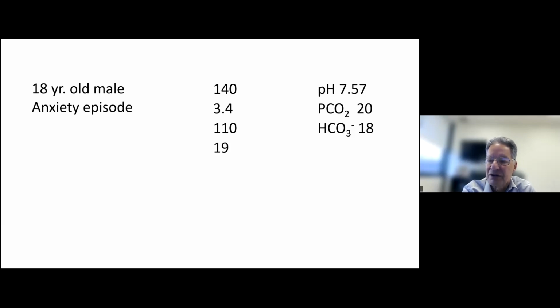If it's chronic, it falls another 3. So if the hyperventilation lasted more than acutely, the bicarbonate would fall initially by 2 due to the acute respiratory alkalosis phenomenon, but it would fall another 3, so the total fall would be 5. So here, the PCO2 fell by 20, we'd expect the bicarbonate to fall by 10. It should be 15, and it's not, it's 18.